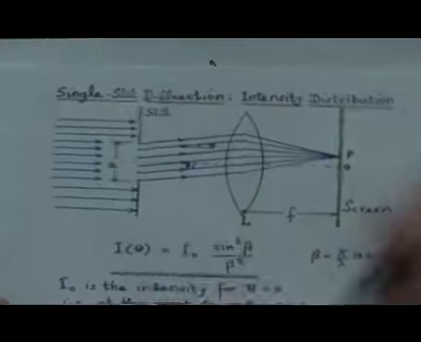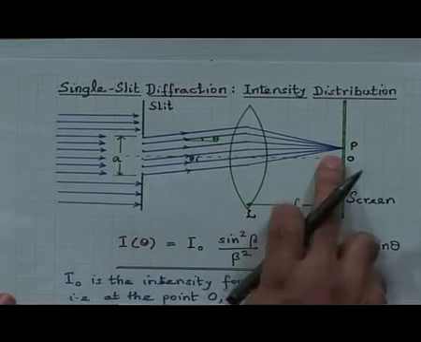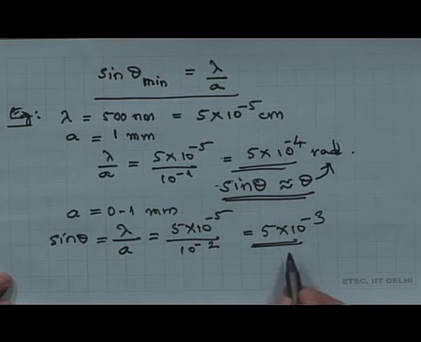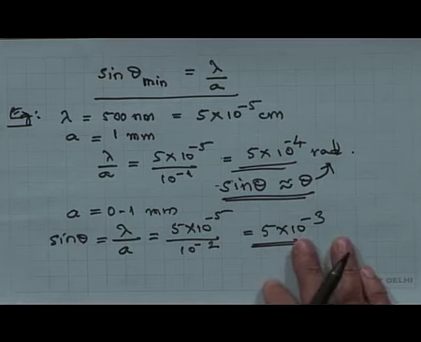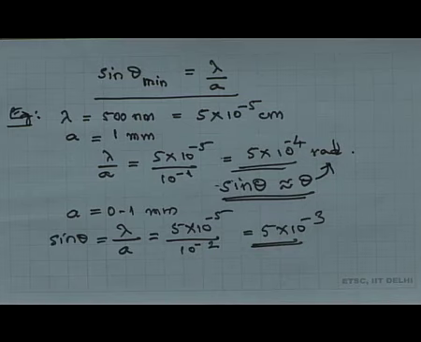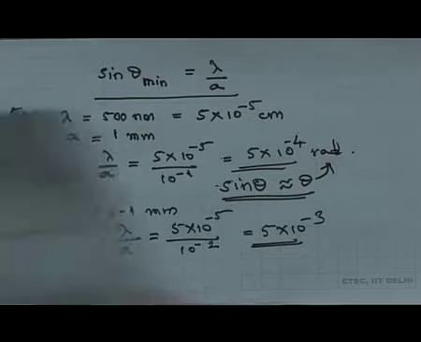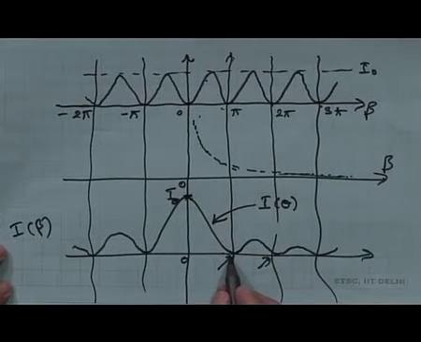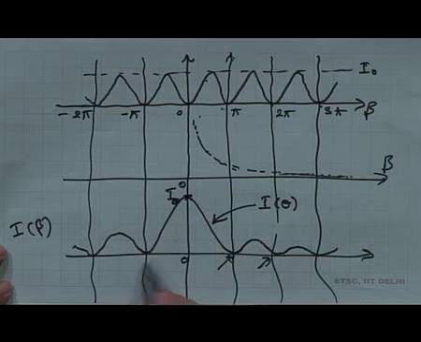Theta here is the angle where the minima will appear, and therefore, the first thing to note is the intensity distribution that we will get. I have just drawn the intensity distribution for you here. The angles where they appear are very, very small.